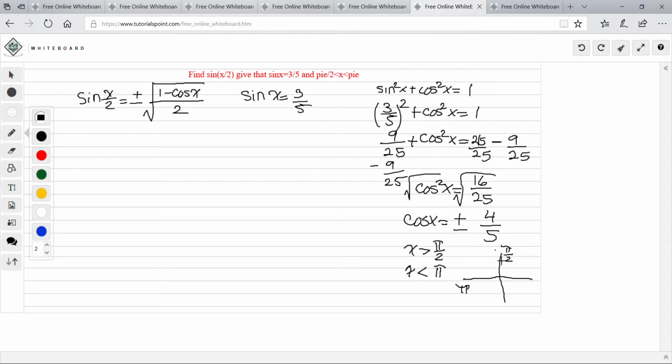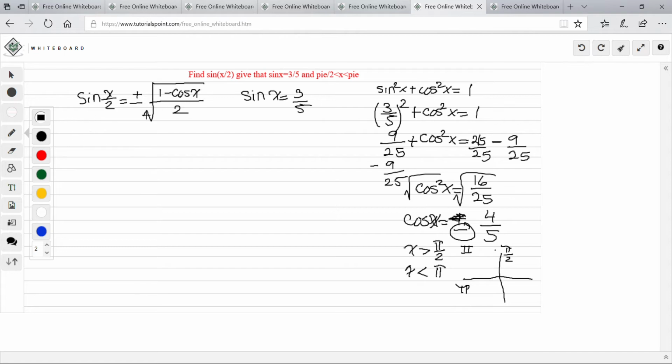So they said it's greater than pi halves and then less than pi. So we can only use quadrant 2. In quadrant 2, cosine is negative, right? Yes, cosine is negative. So we can only use negative. So we can't use positive. So cosine of alpha is negative 4/5.